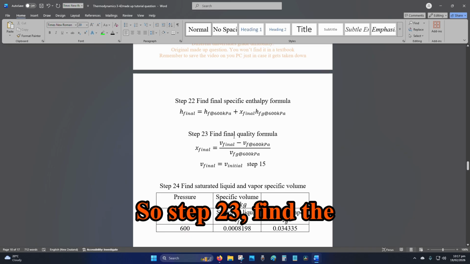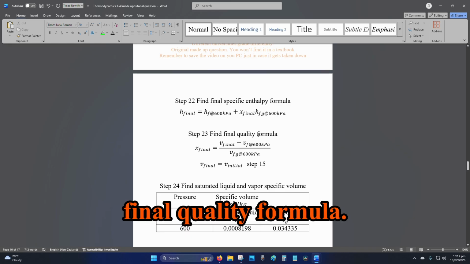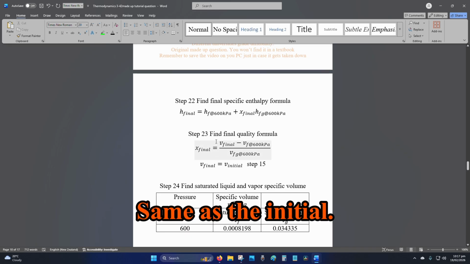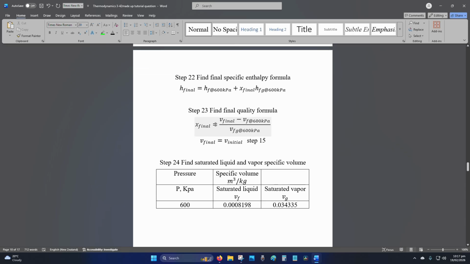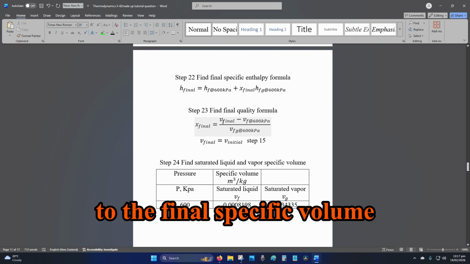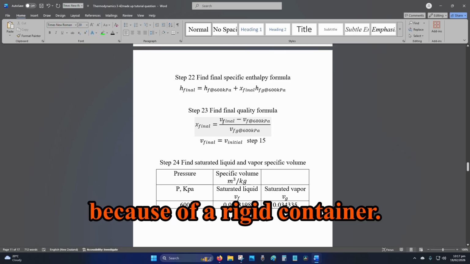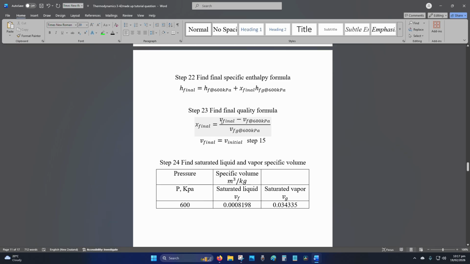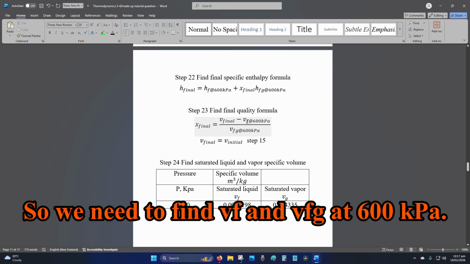So step 23, find the final quality formula, same as the initial. And the initial specific volume is equal to the final specific volume because of a rigid container. So we worked that one out already. So we need to find VF and VFG at 600 kPa.